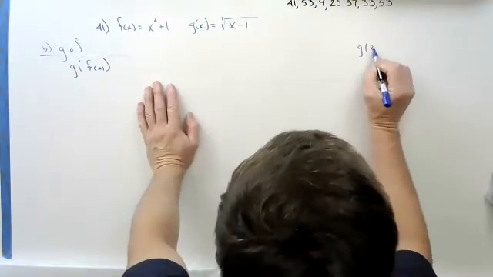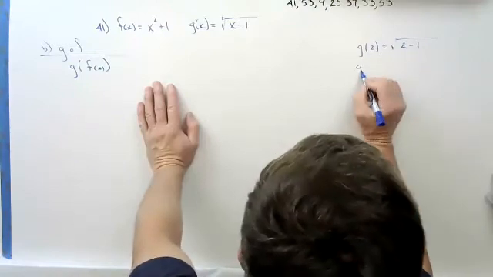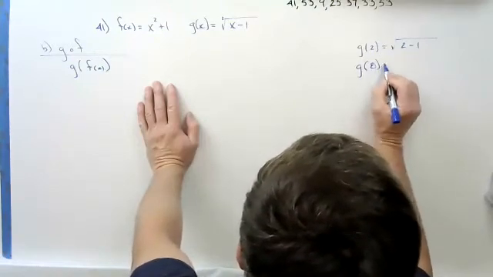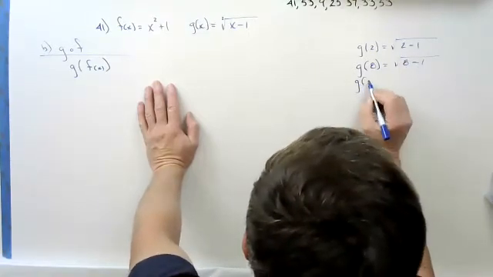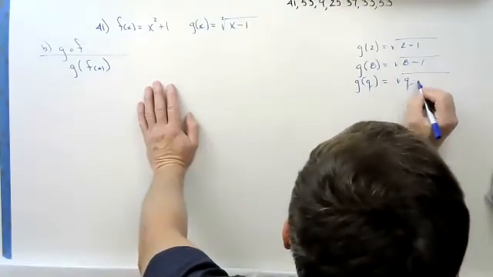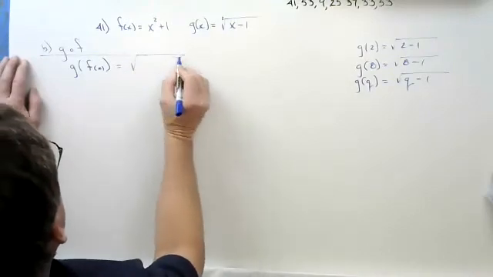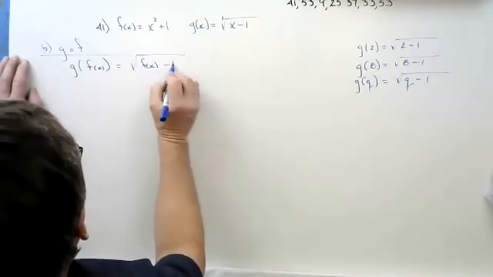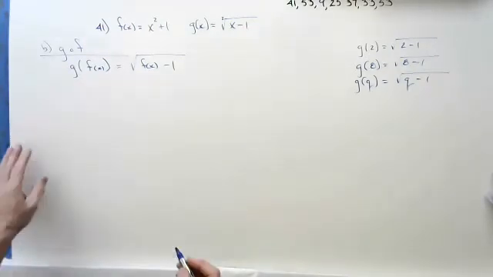If I find g of 2, that's the square root of 2 minus 1. Find g of 8, that's the square root of 8 minus 1. If I find g of q, that's the square root of q minus 1. So g of f of x is the square root of f of x minus 1. I appreciate you, by the way, not mocking me for my need to warm up. I do appreciate that. Now we know what f of x is.